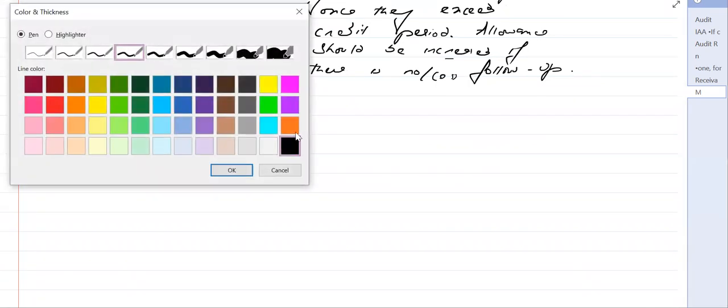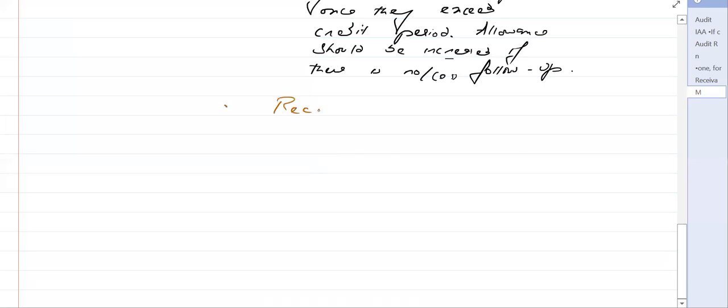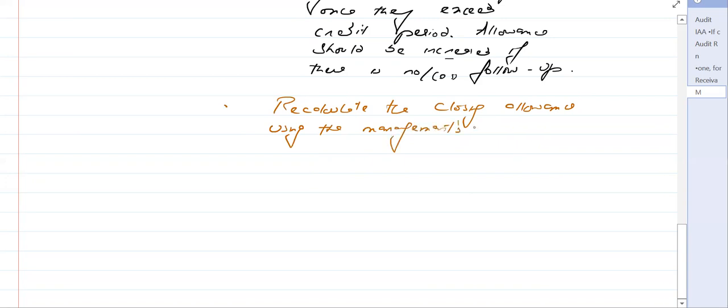Then we have the last one, which is recalculate. Recalculate the closing allowance using the management's estimate and agree the figure with that of financial statement.